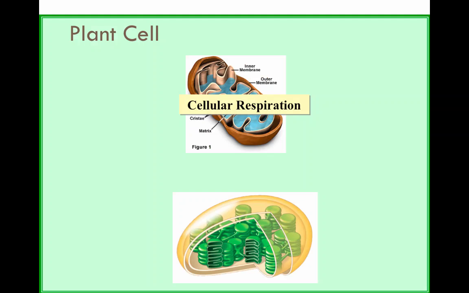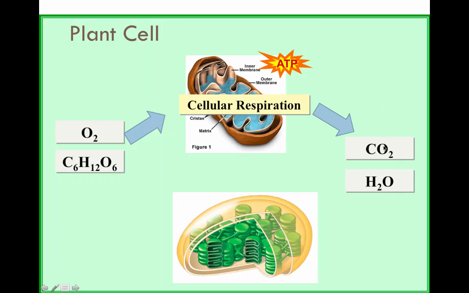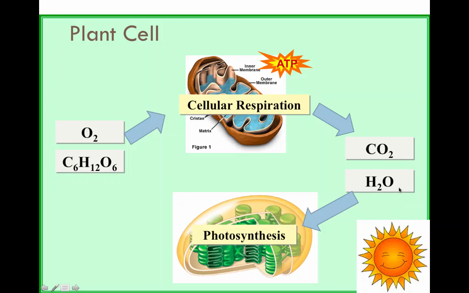So let's look at how this works in a plant cell. In a plant cell, oxygen gas is used in cellular respiration, and so is glucose. So oxygen and glucose go into a mitochondria of a plant cell. In cellular respiration, you produce carbon dioxide, water, and some ATP. That CO2 and that water are used in photosynthesis along with light energy inside the chloroplast of a plant cell, and they produce oxygen and glucose.